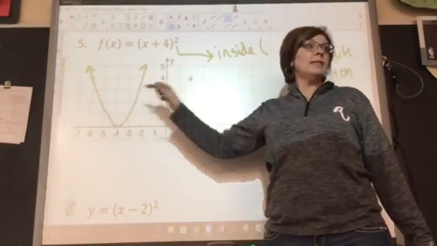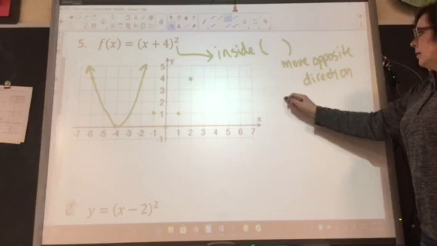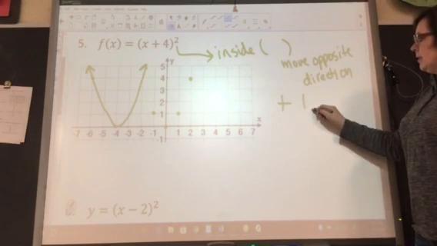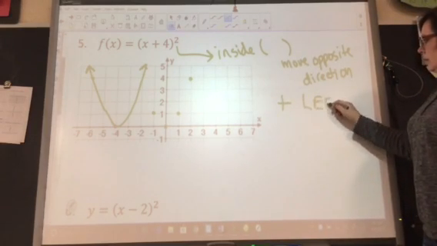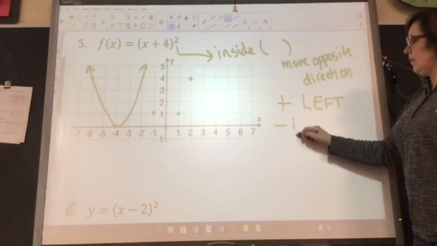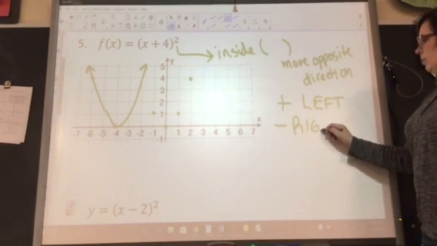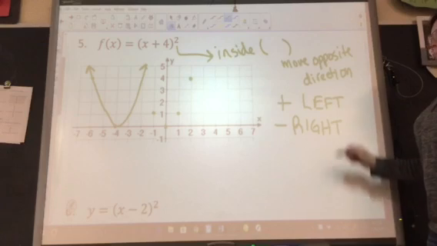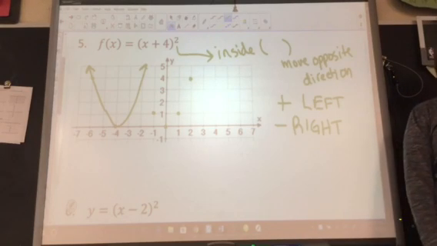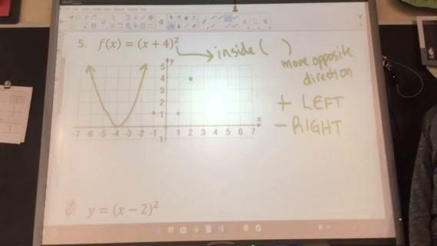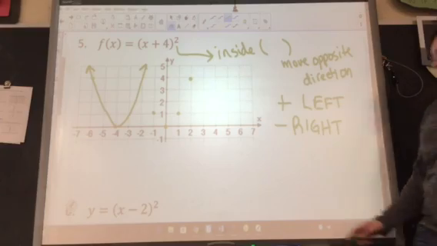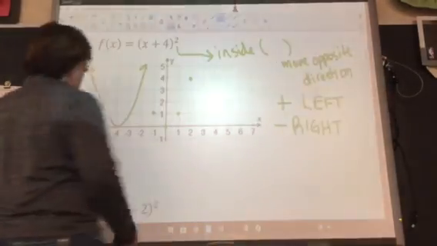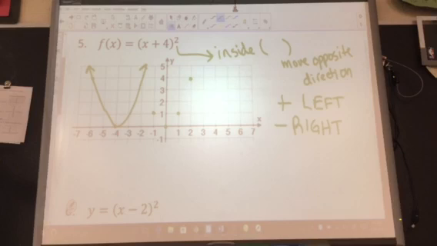When you see a minus something, you're going to move to the right. So positive means move left. Negative means that you're going to move to the right. Okay? What do you think? Good, bad? Good. Okay. Decent?